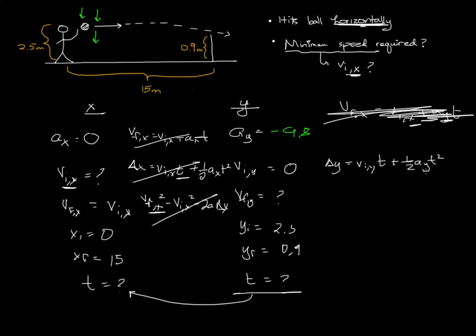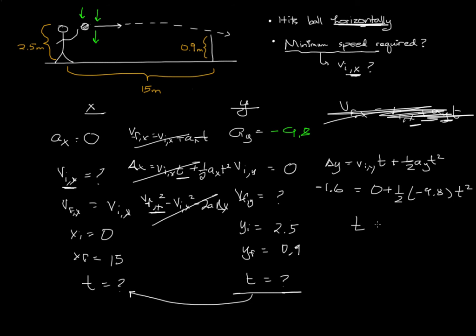a y t squared. Okay, and let's see, delta y is final minus initial, so this is 0.9 minus 2.5, which would get you negative 1.6 equals 0 plus 1/2 times negative 9.8 times t squared.